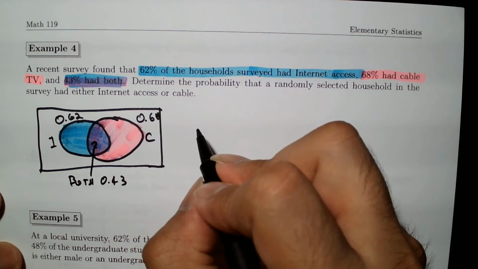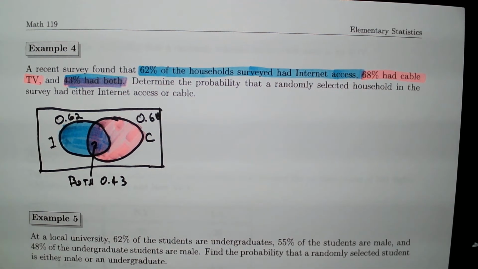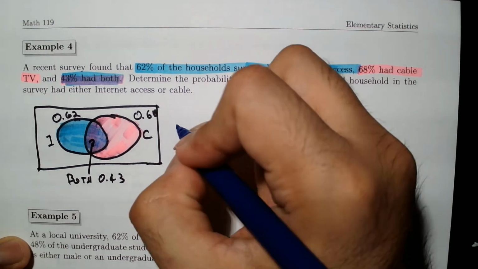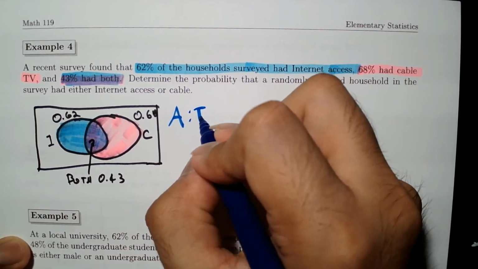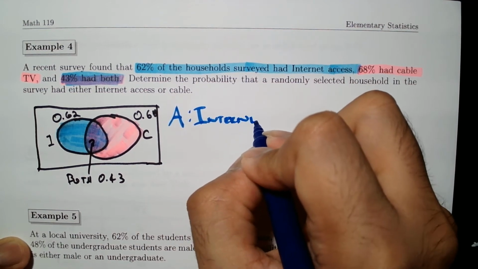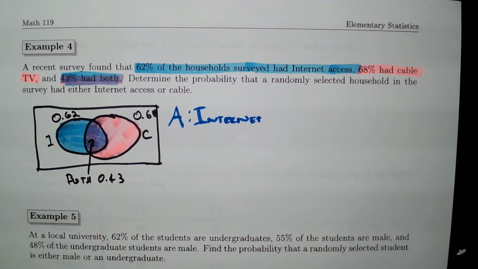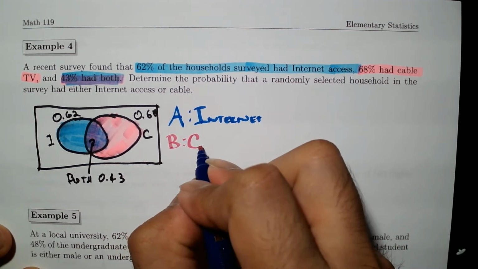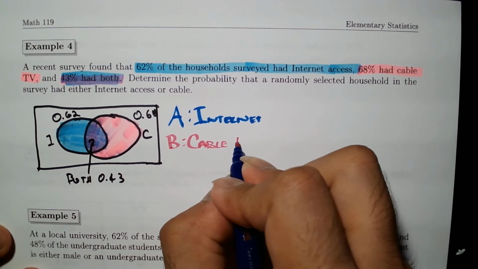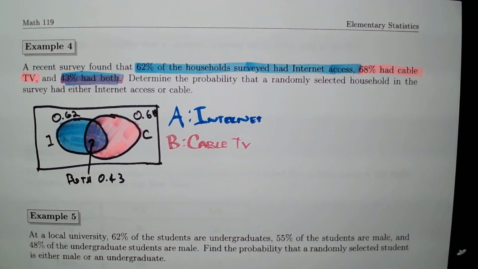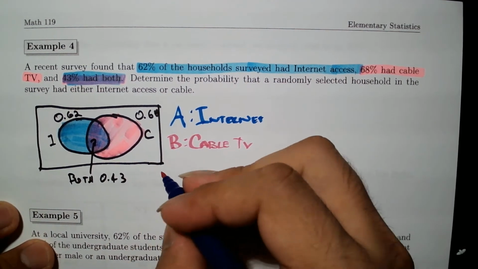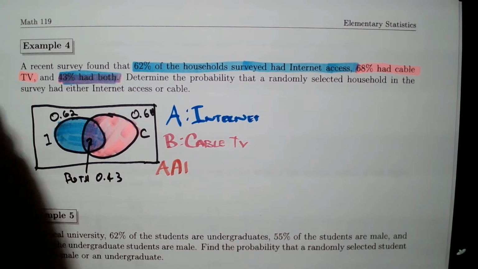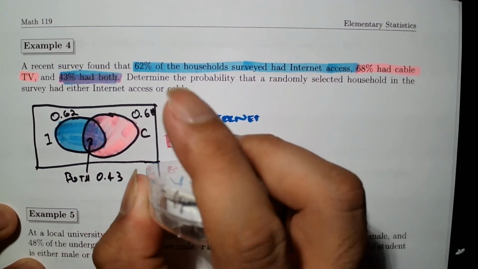So when we define our events, we are going to have that A will be internet, B will be cable TV, and the combination of both will be A and B. Oops, just the symbol and, not an A. And let me erase this so it doesn't cause any trouble here.